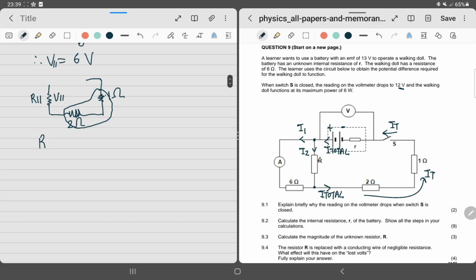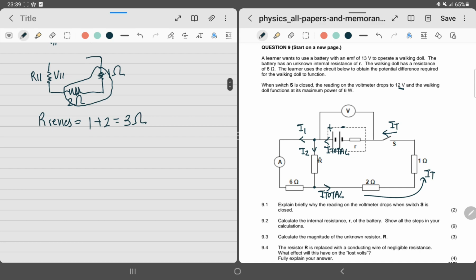So R series should be equals to 1 plus 2, which is equals to 3 ohms. And then I know that the external voltage should be the voltage through the parallel combination plus the voltage across the series.